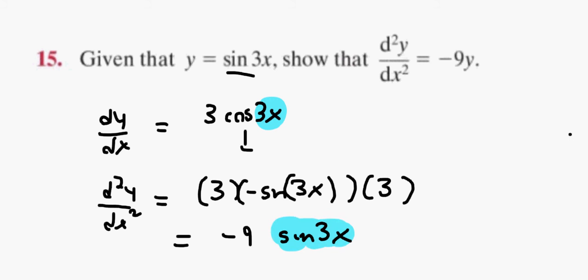Oh, sorry, use a different colour. What does it say up here? So I can replace sine 3x with y. Good. Alrighty.